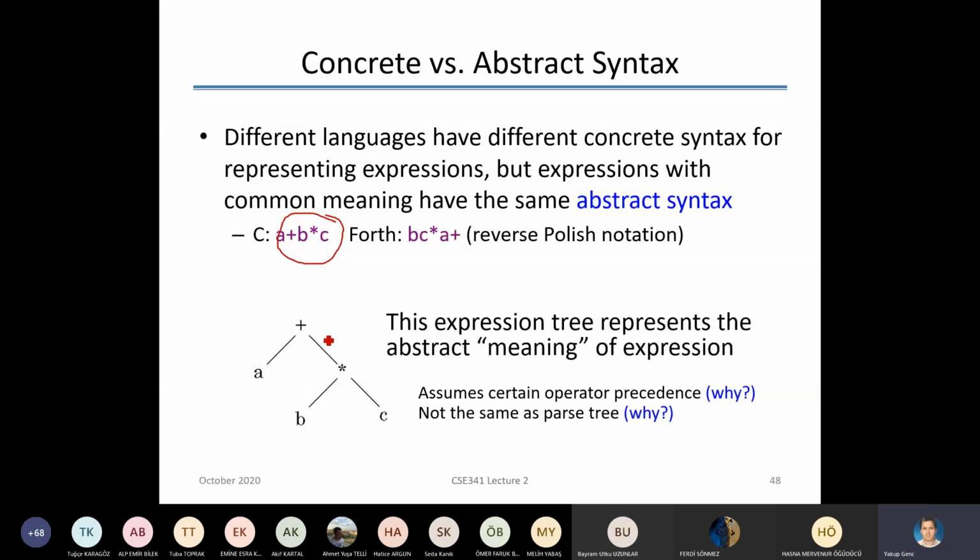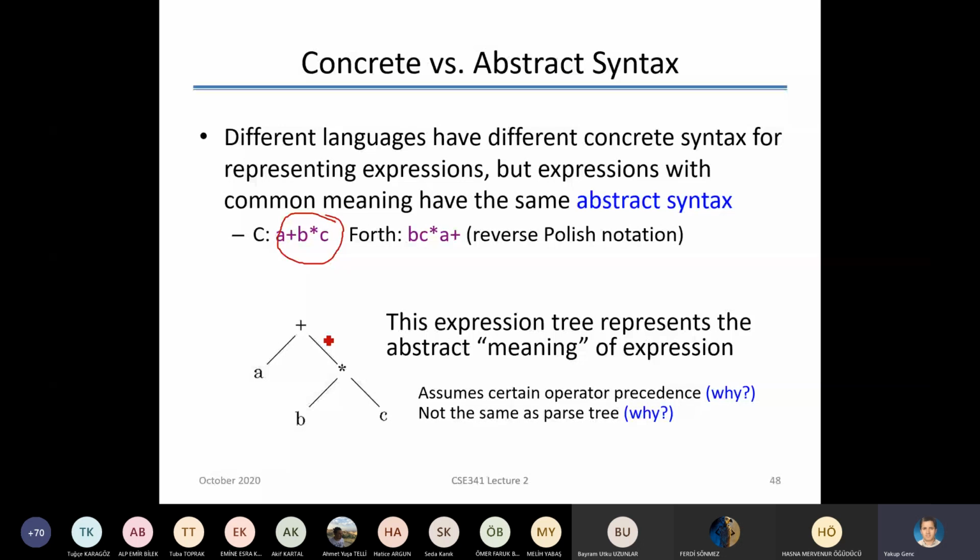Here, the important thing is that regardless of the concrete syntax, our abstract syntax, the meaning of this thing should be the same. So there should be no ambiguity in interpreting the meaning, right?